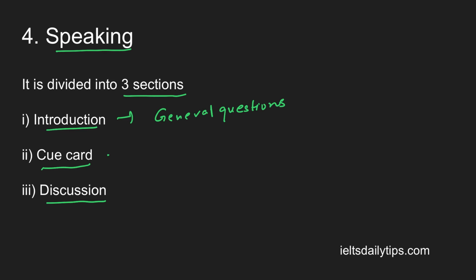The second is the cue card. You will be given a topic and you have to speak on that topic for 1 minute. Examiner will be giving you 1 minute extra for planning the topic and 1 minute of speaking.